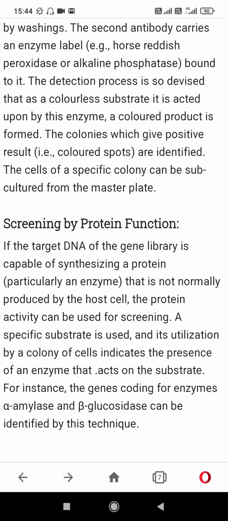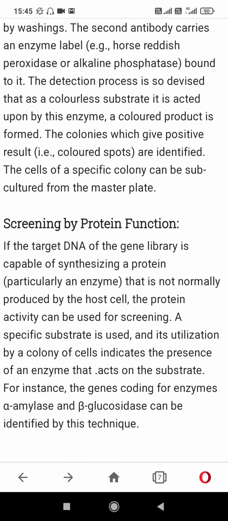How? Same thing, by the blue-white screening. Suppose you want to detect the gene in your colony that codes for the enzyme beta galactosidase or alpha amylase. We can allow a particular substrate to be acted upon by it. Suppose the substrate is X-Gal, 5-bromo-4-chloro-3-indolyl beta-D-galactopyranoside.